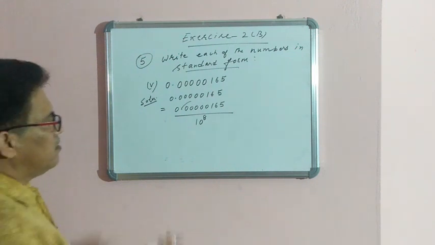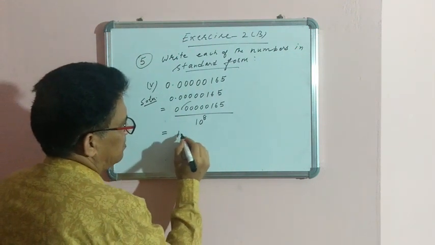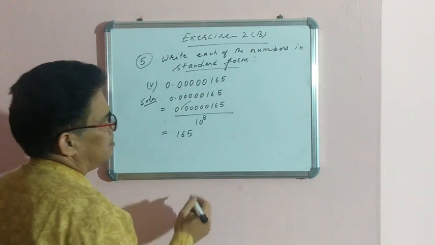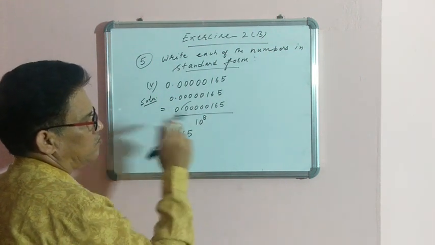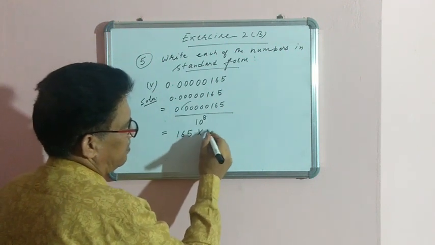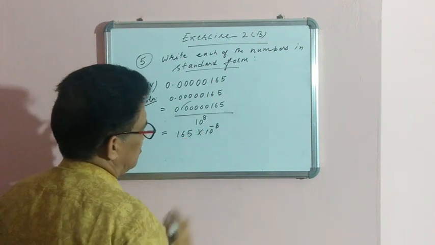Now what we have got? 165 upon 10 power 8. Then it will go to the numerator and become 10 power minus 8.